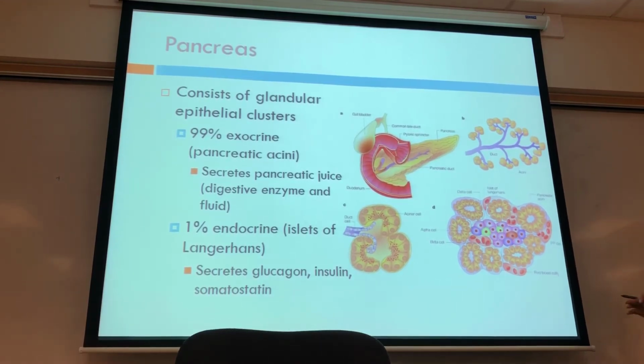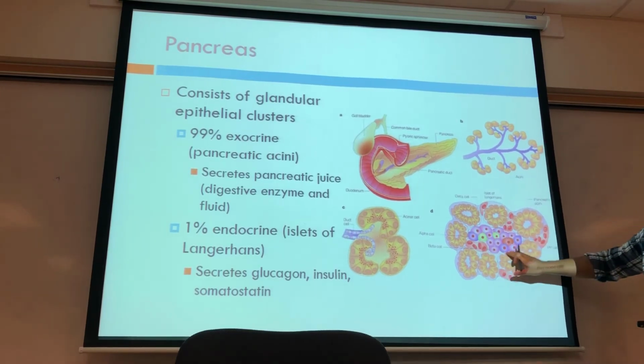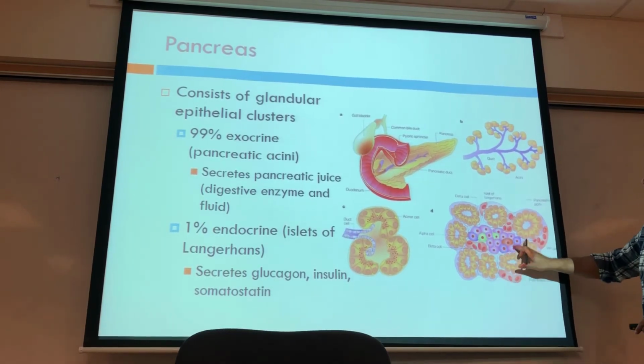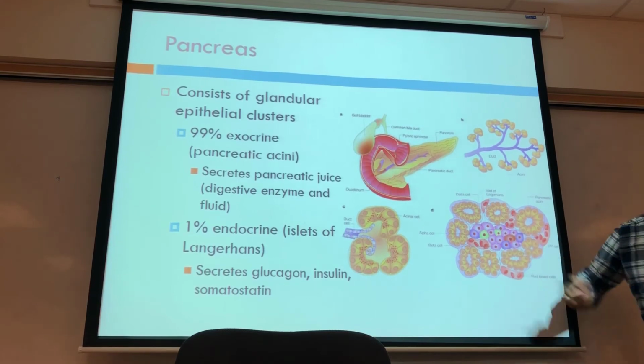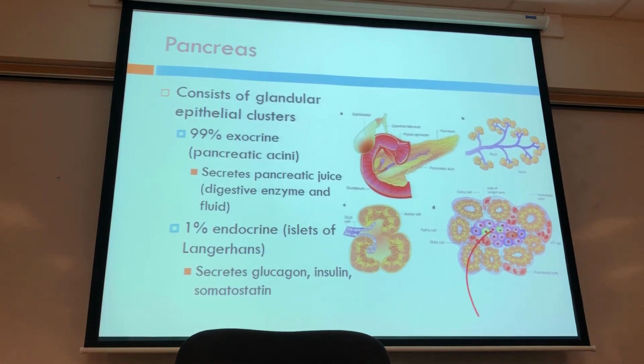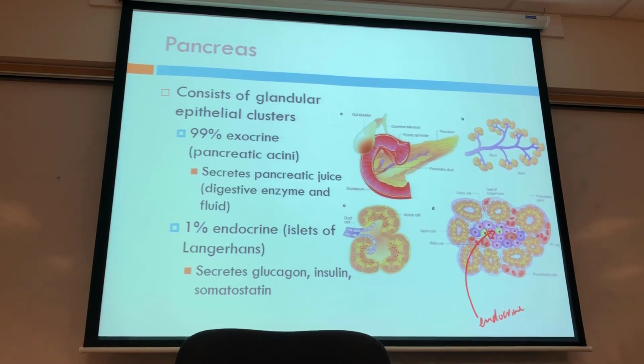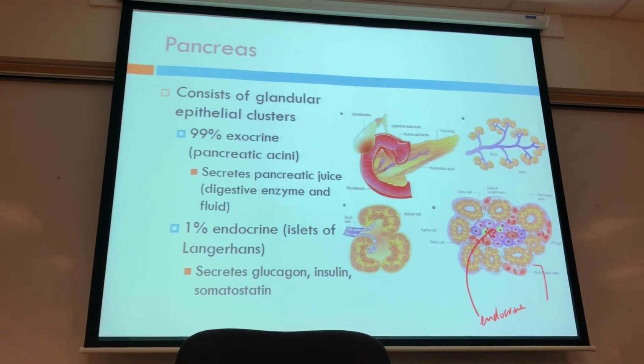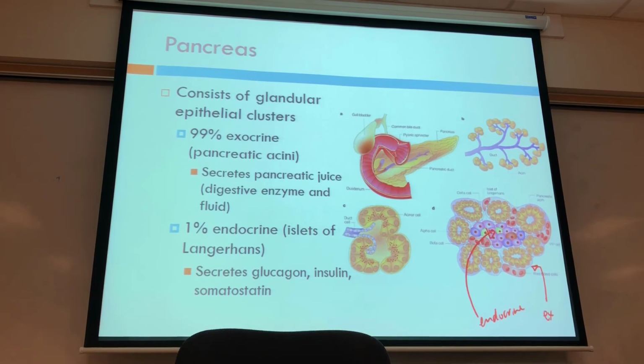You can see all of our endocrine cells, of which we have the alpha cell, the beta cell, and our delta cells, all embedded. So this is our endocrine. And the acini on the outside, in yellow, are going to be our exocrine cells.